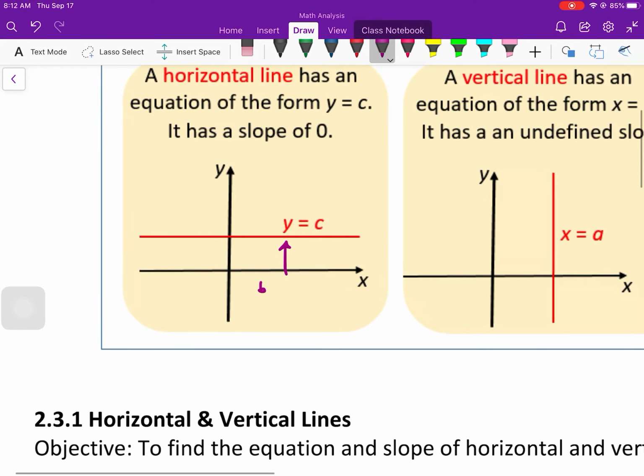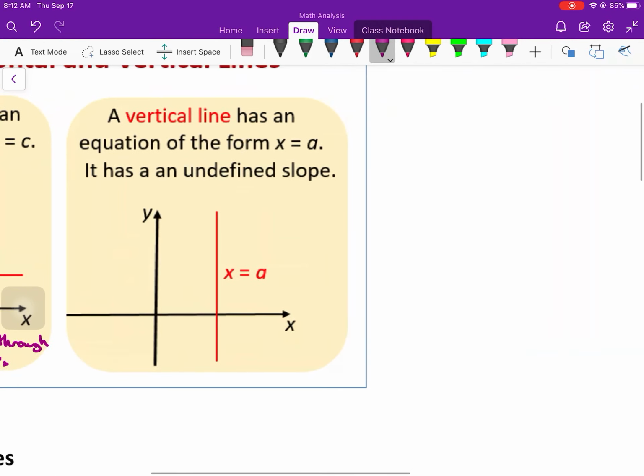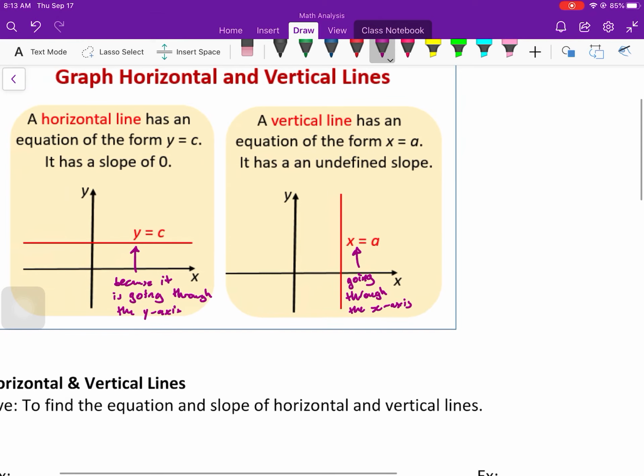So y equals because it is going through the y-axis. That might not be the reason. And then x equals going through the x-axis. Maybe I should write that instead of because.